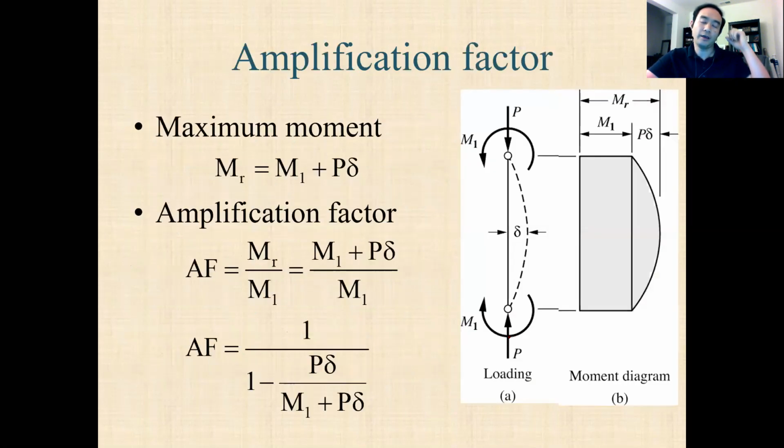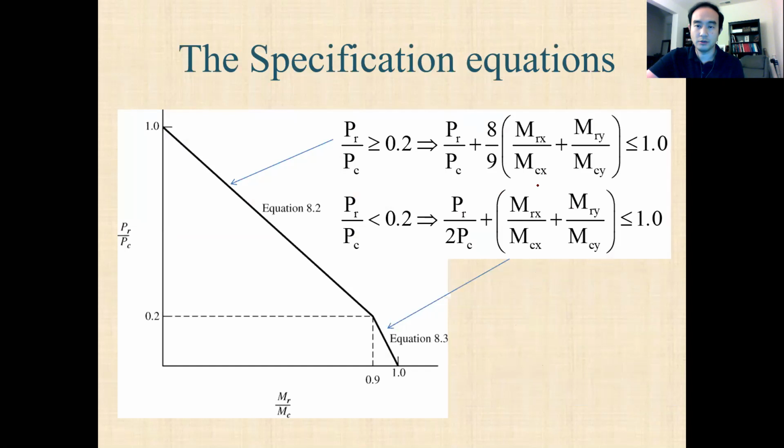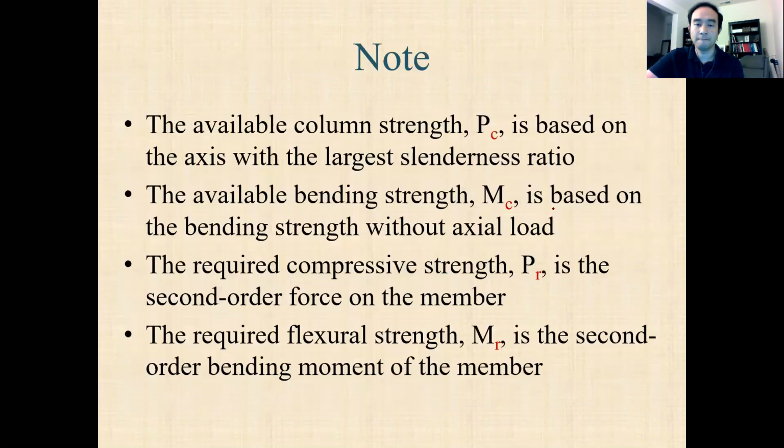And in the AISC manual, they also provide an amplification factor, which will include the second order effect. Again, I already talked about the P delta effect. So the MR in this equation here, MRX or MRY, right?